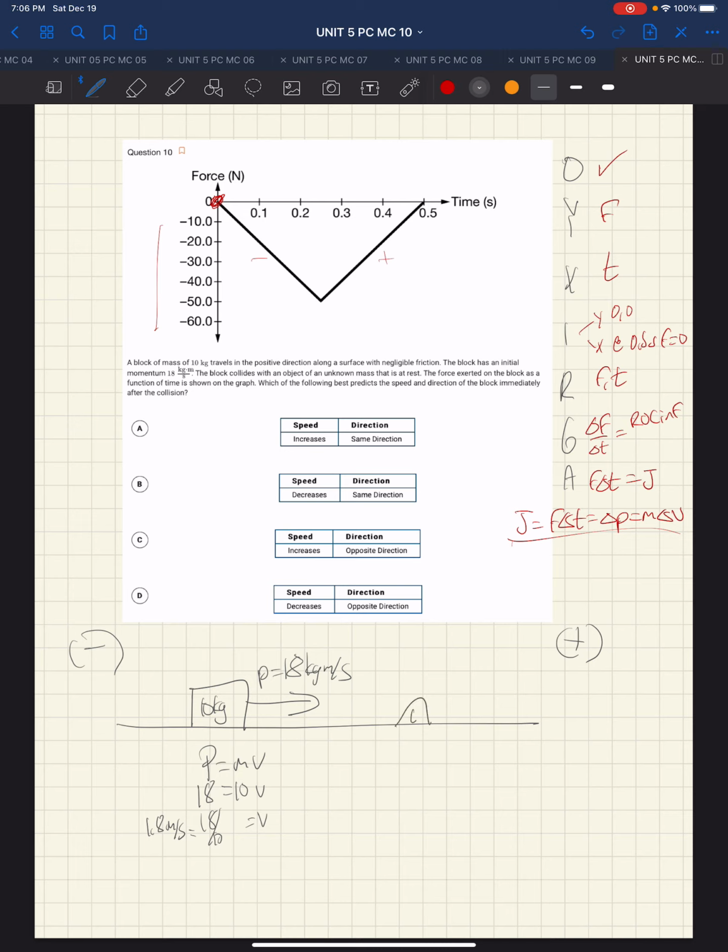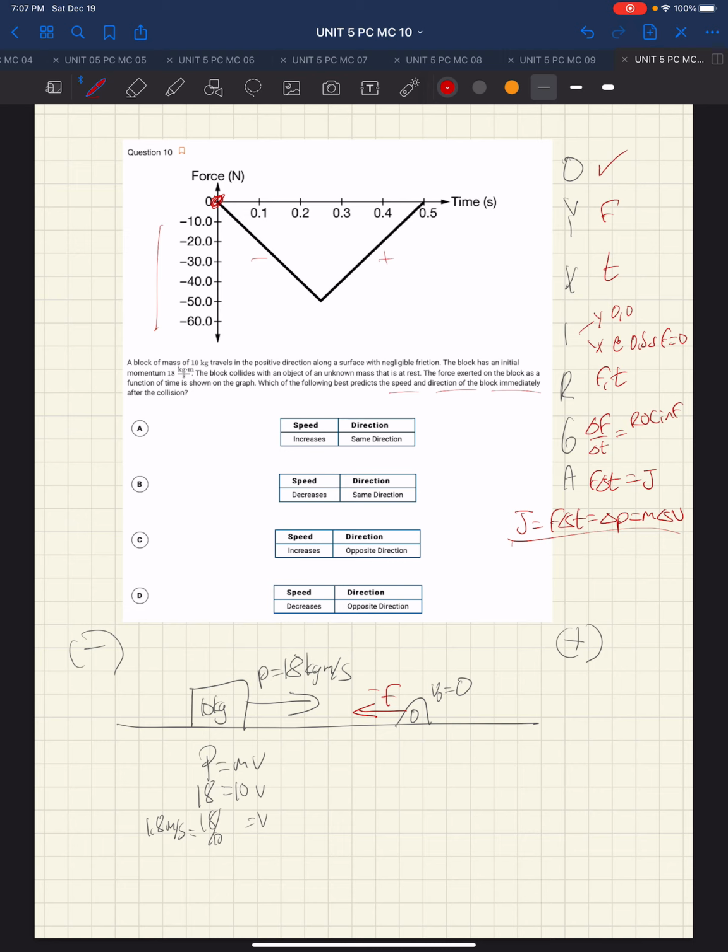So here is the object. Its velocity is 0. The force exerted on the block as a function of time is shown on the graph. So this object is going to exert a force, a negative directed force. And so we're going to need to predict the speed and direction of the block immediately after the collision.